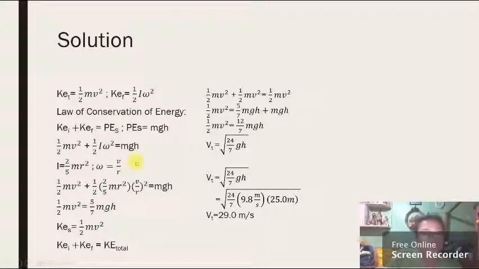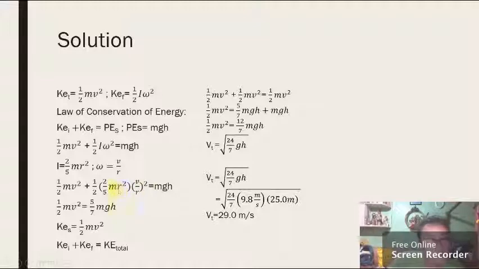The relation between the translational and the rotational kinetic energy will be this one: omega is equal to v over r. So this is the formula that we have earlier, we're just going to plug in I, and then we're also going to plug in omega. So this will be our formula now.